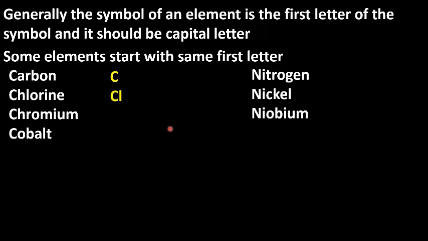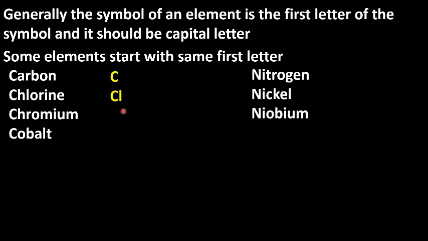Now, in order to prevent this confusion, in such cases where the elements start with the same first letter, the symbol must have two letters. Apart from the first letter, some other second or third important letter is included in the symbol. That is, that element has a two-lettered symbol.